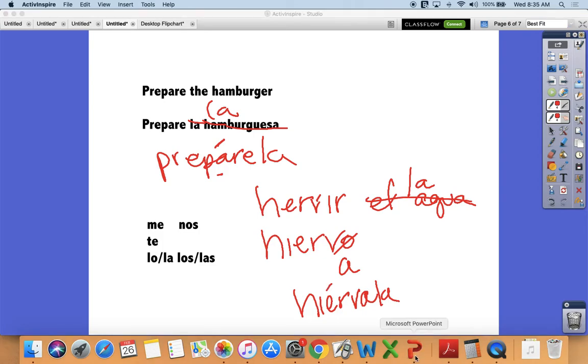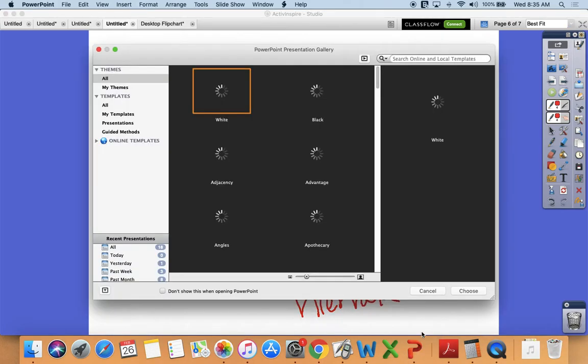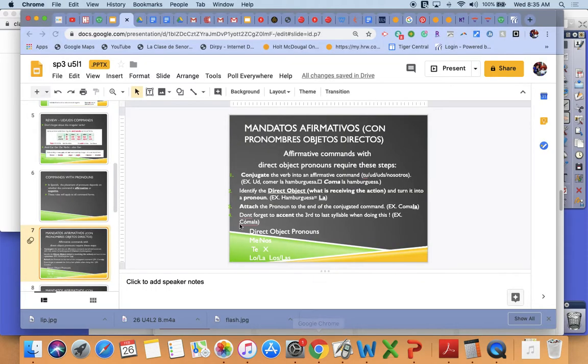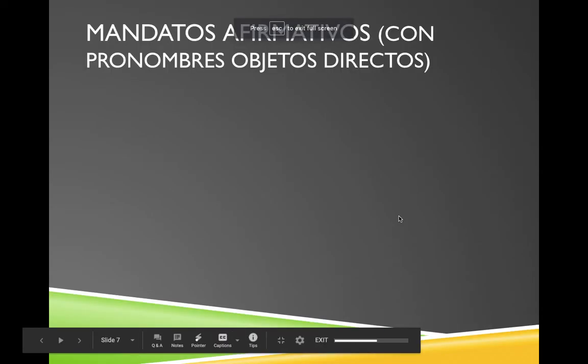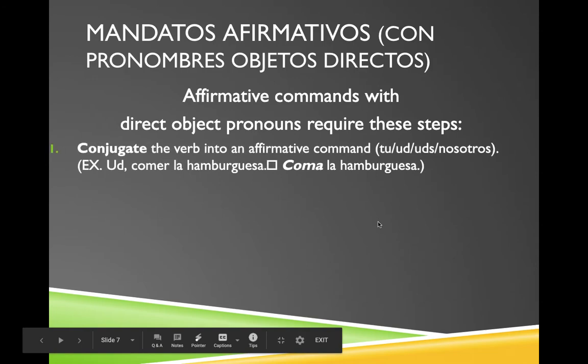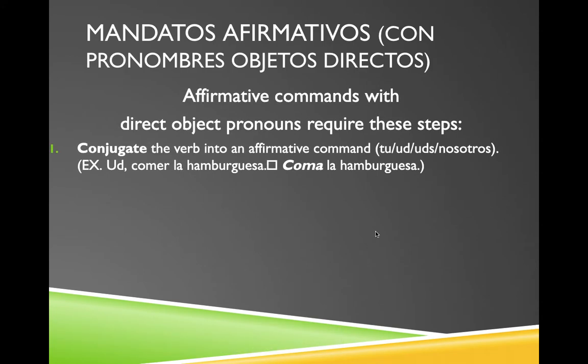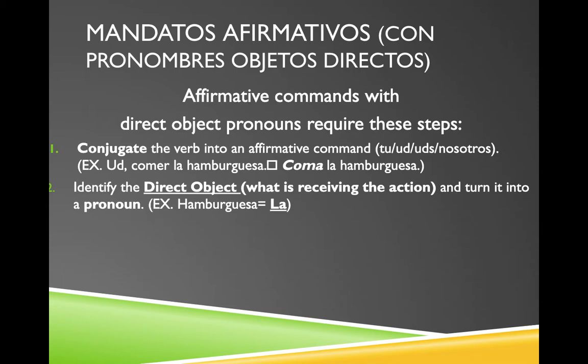Any questions on that? Okay. So, again, this is the formal thing. Please do not write it down word for word. This is just a clarification. Here's usted and comer la hamburguesa, the same example with the hamburger. The usted command is coma la hamburguesa, eat the hamburger. But you could say eat it, right?